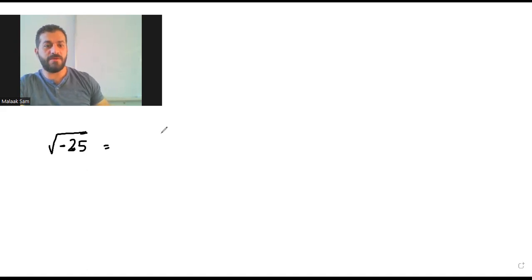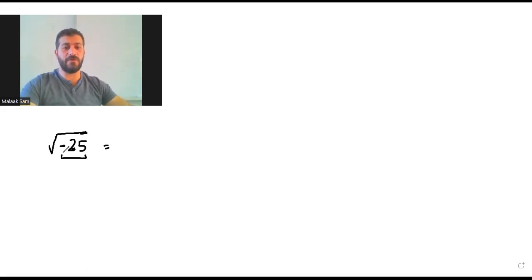And there are no two such numbers. If you did it on the calculator, it gives you a math error. Why is that? Because there are no two exact numbers that, when multiplied, give negative 25.